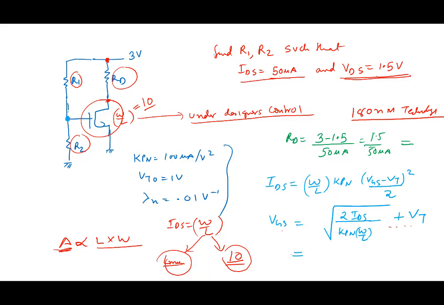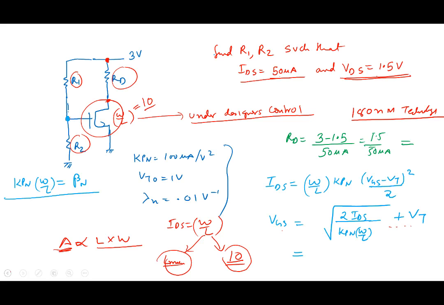Many times, people multiply Kpn and W by L together, and they call this beta N. The Kpn multiplied by W by L is given a name called beta N. It has the same units as Kpn, but instead of writing Kpn W by L and all that, just simply writing beta N. So this equation could have been written as square root of 2ID by beta N, plus VT. So how much does this come out to be?